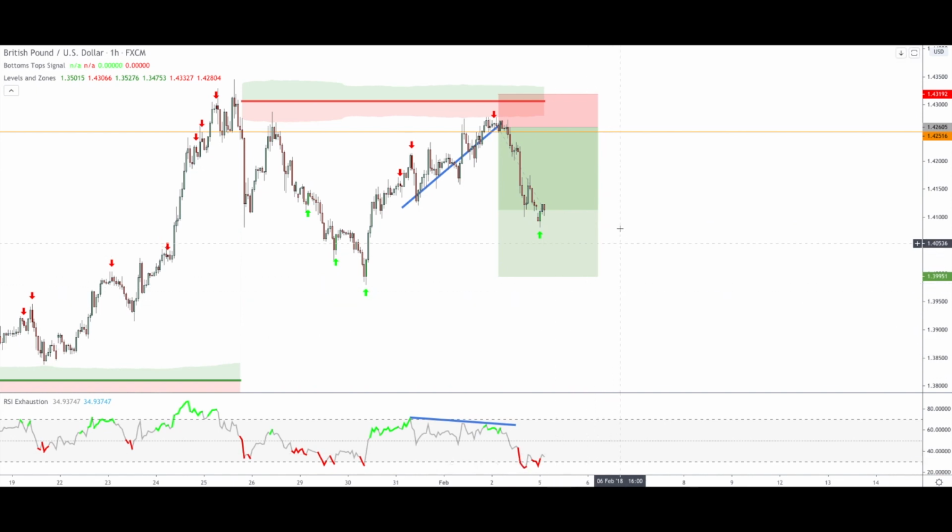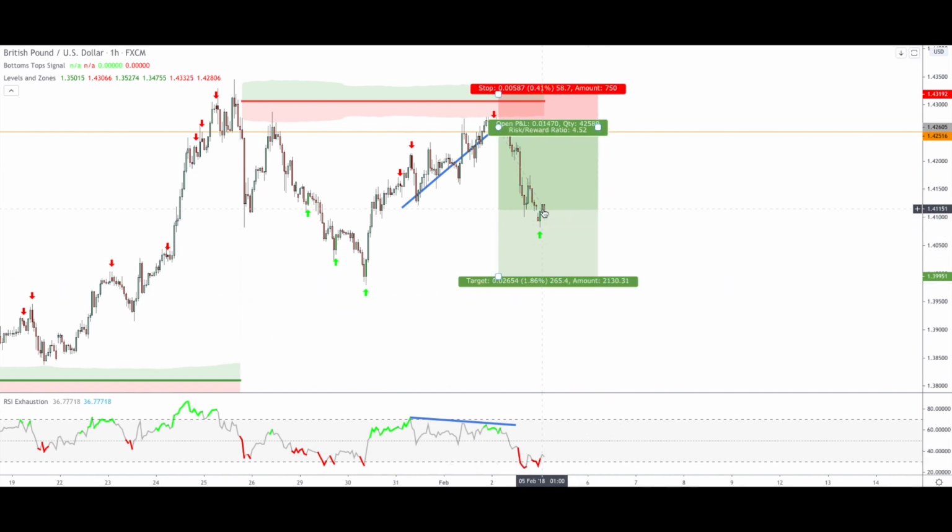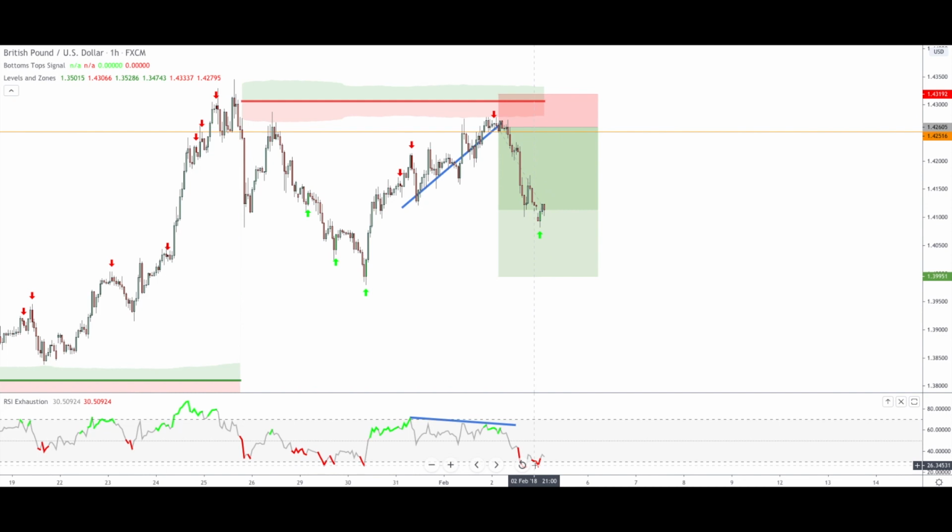I would close the trade if I see another bottom, maybe lower. Actually, I want to see it being lower than this one, so I want the price to go even lower, and then I want to see the RSI increase. So I want to see a clear uptrend in the RSI.